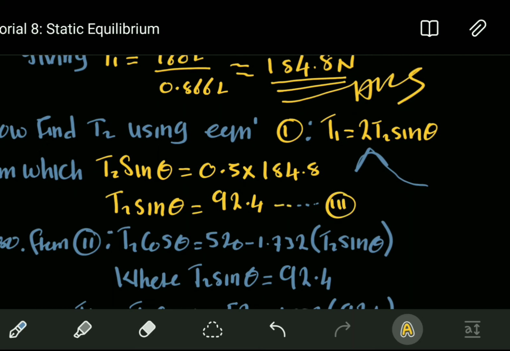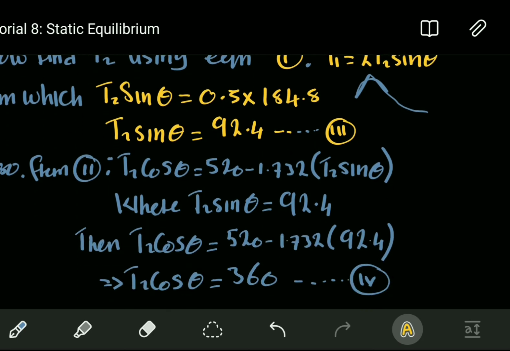Let's call this equation 3 for now because it has two unknowns, T2 as well as theta.